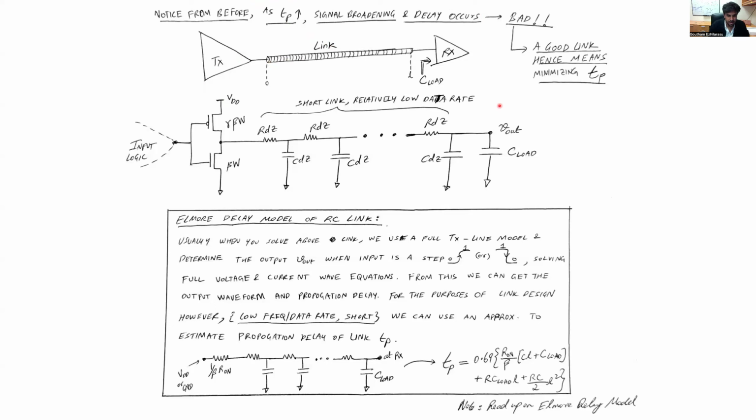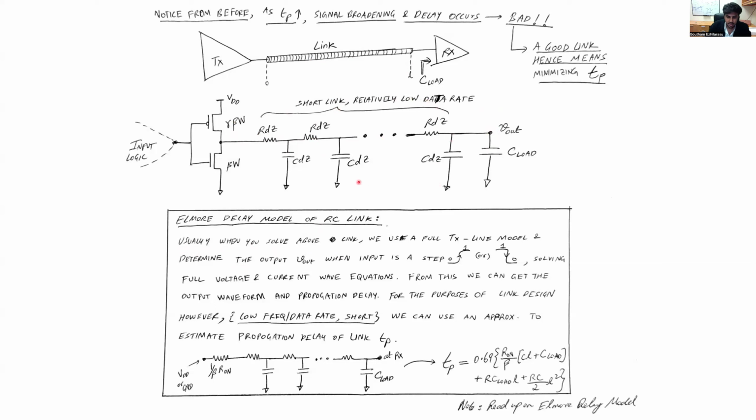And we already have now a model for the propagation delay of the transmitter or the receiver. Let us now talk about the propagation delay of the link itself. Usually, if you look at this link, there's an input to the link and there's an output to the link, and the link itself is modeled as some differential RC elements.